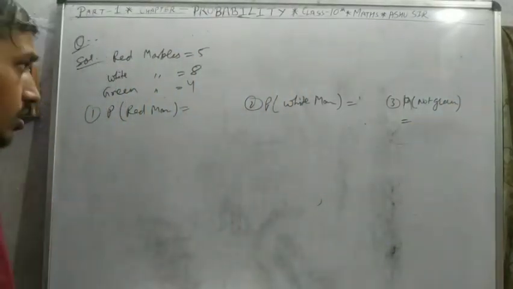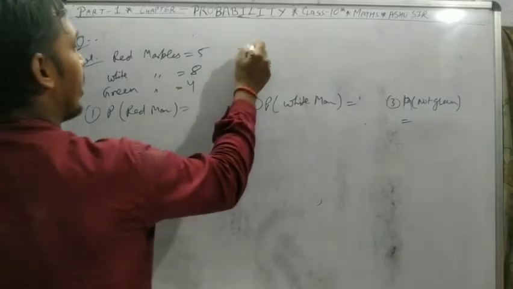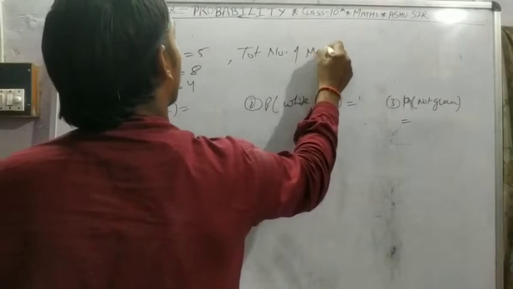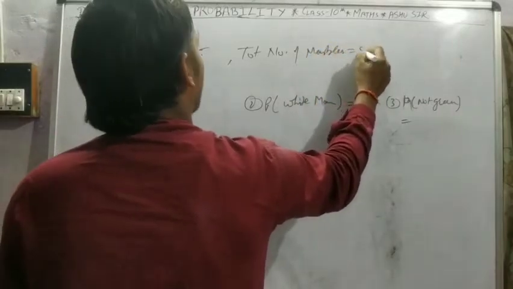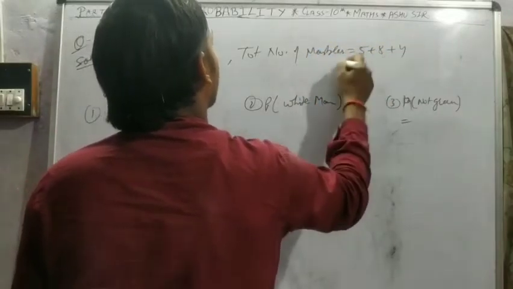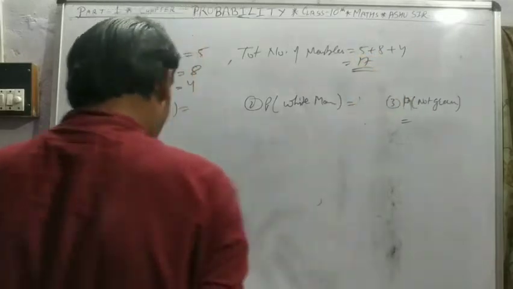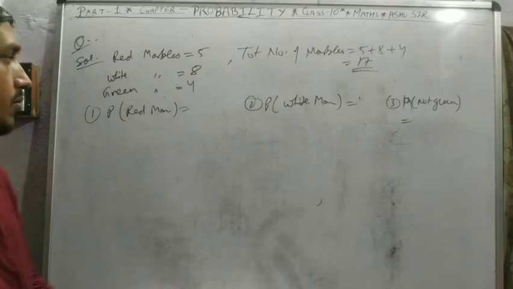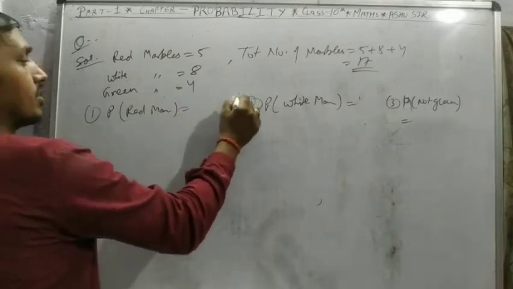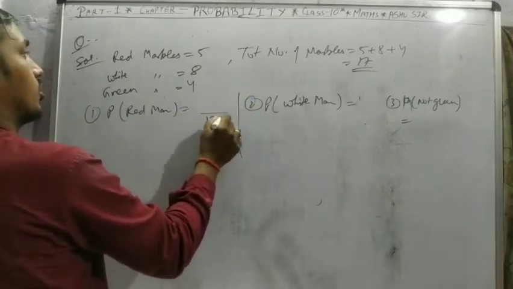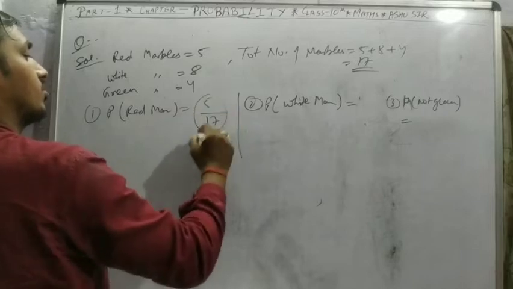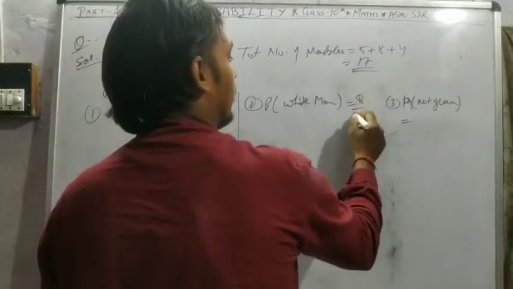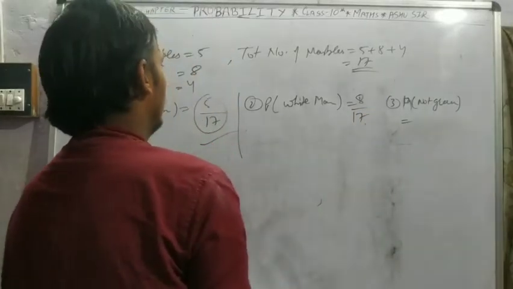So simply, first you find the total number of marbles, that is 5 plus 8 plus 4, 17 marbles. A box contains 17 marbles. The probability of red marbles is 5 out of 17. White marbles, 8 upon 17.